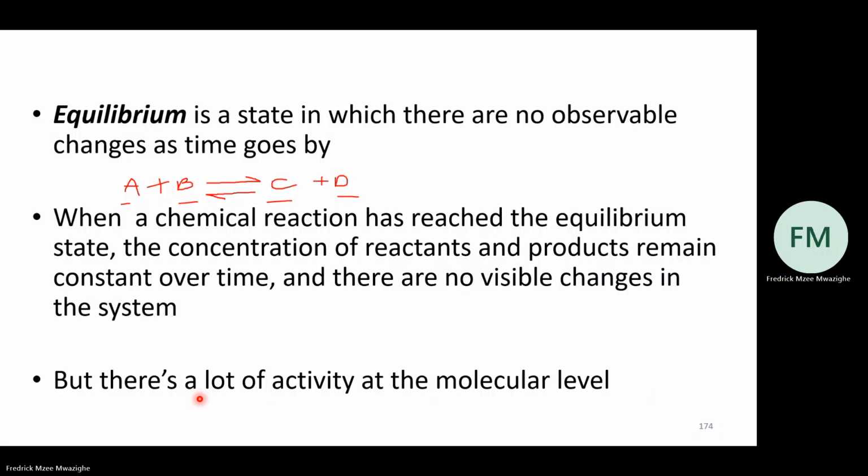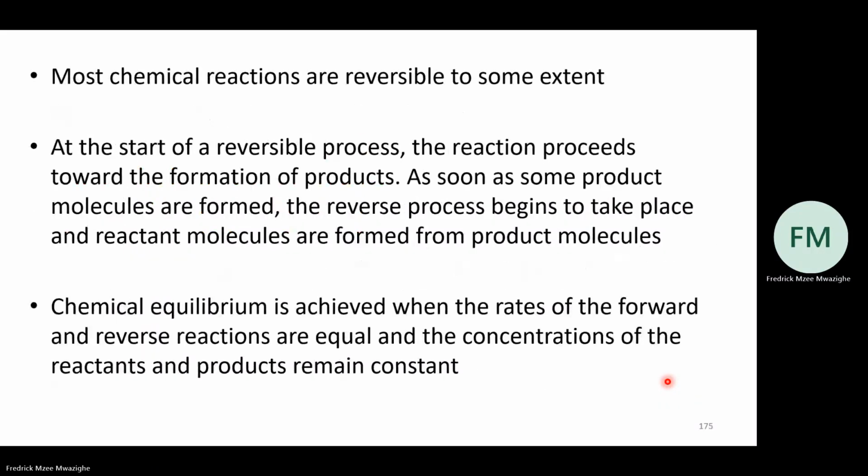So you have A and B reacting to give C and D. And then you have C and D reacting to give us A and B. Most chemical reactions are reversible to some extent. So then we can say that a certain type of equilibrium is established for these chemical reactions.